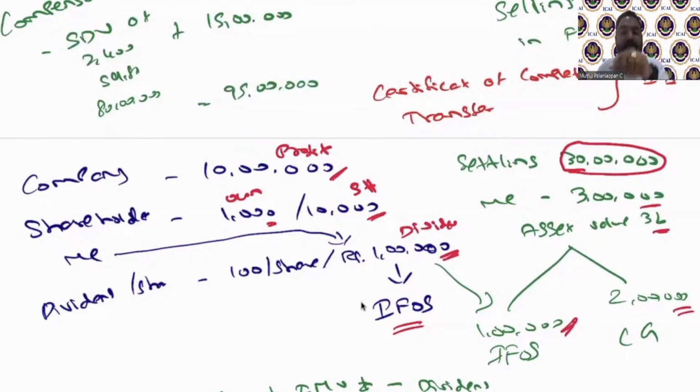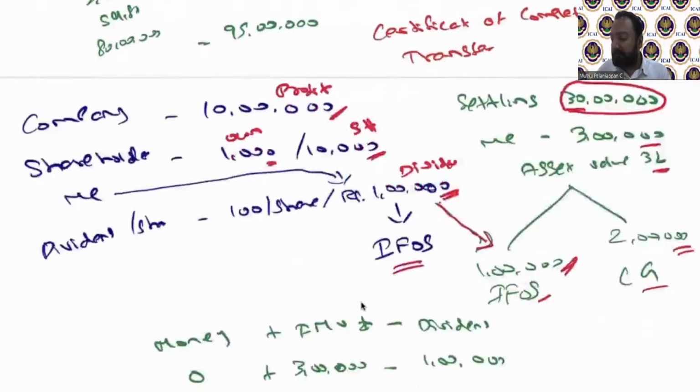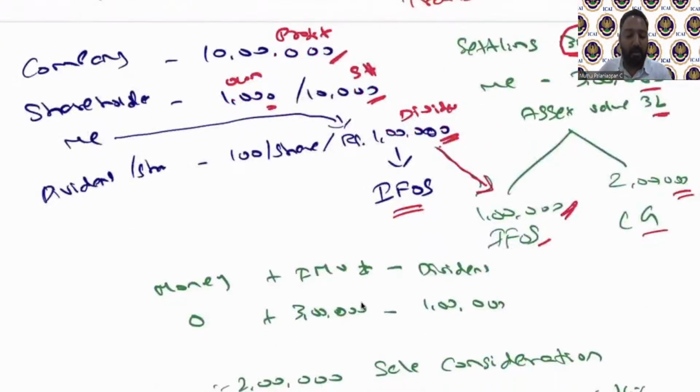This 1 lakh came from the accumulated profit of the company. So this 1 lakh will be taxed under income from other sources, and the balance will be taxed under capital gain. So that's how this 1 lakh came. I think now, Kavita, you are clear with buyback and liquidation of shares.